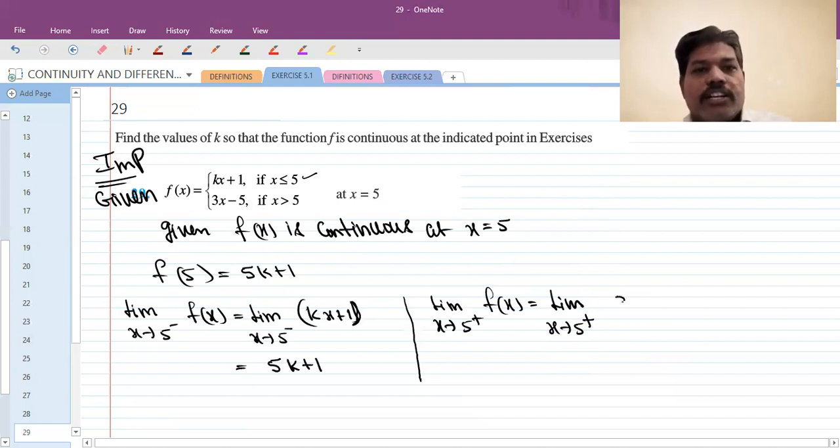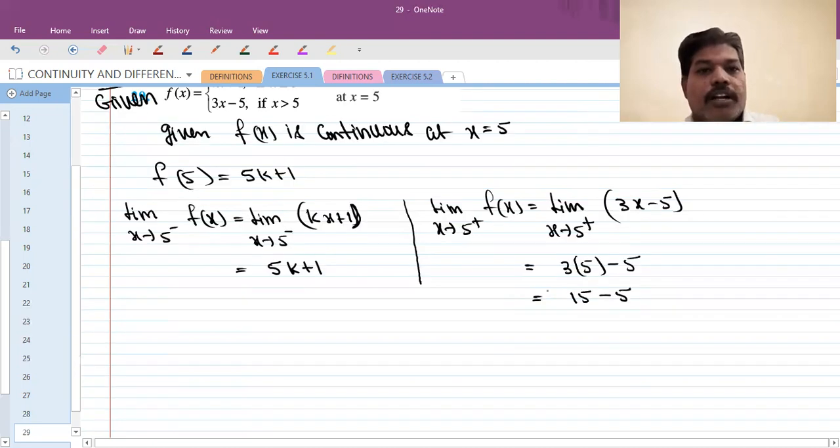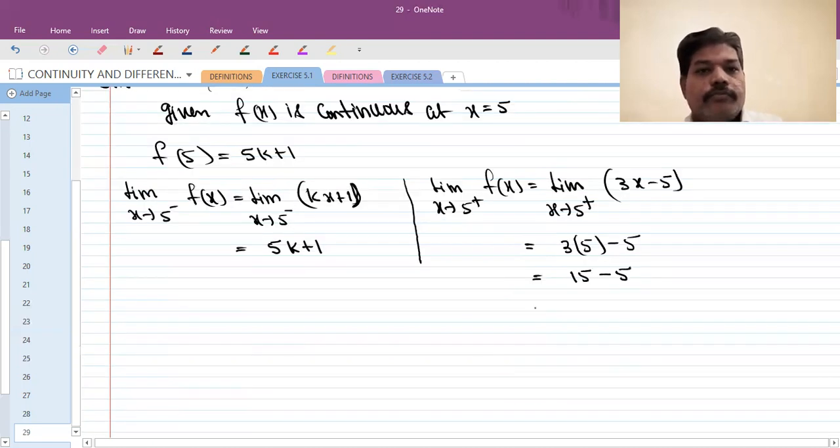So if we apply the limit here, students, it will become 3 into 5 minus 5, which is 15 minus 5, so that is nothing but 10.